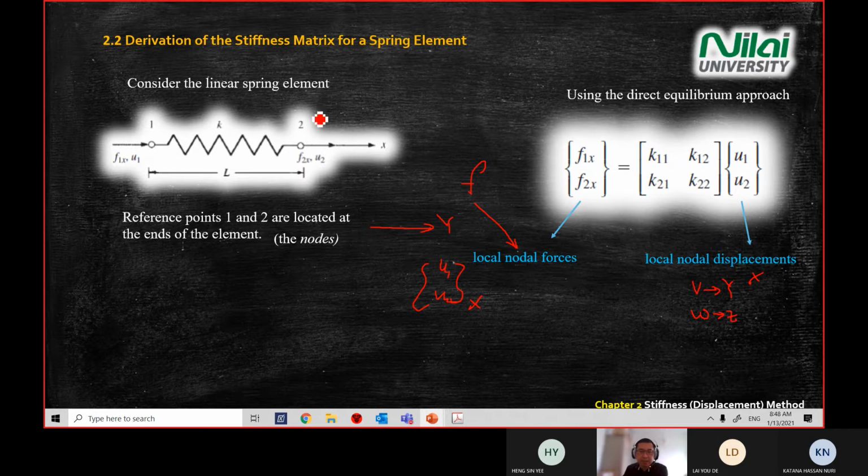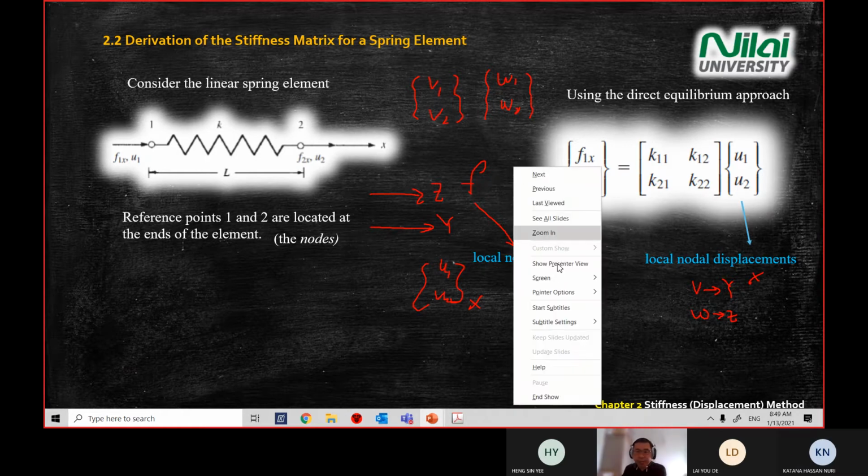If the system is in the y direction, your displacement should change to v1, v2. If I give you z direction, then your displacement will be w1, w2. Is that clear for both of you? Yes. Okay, good. Excellent.